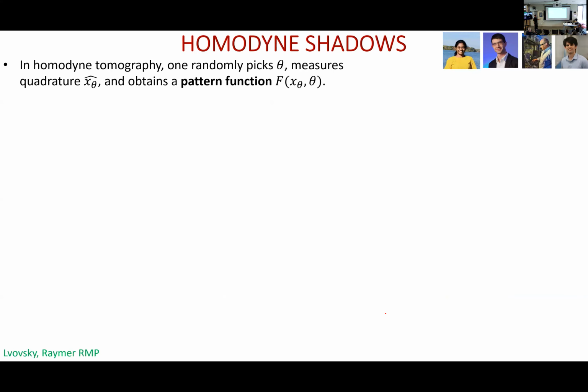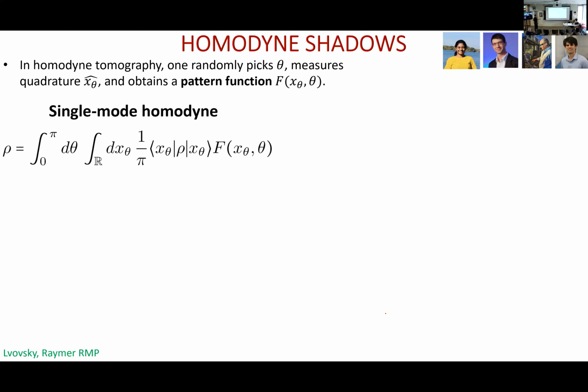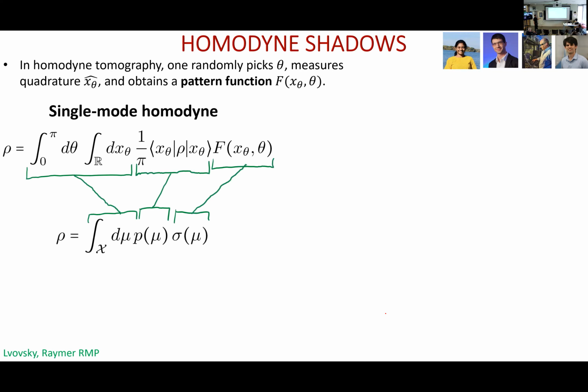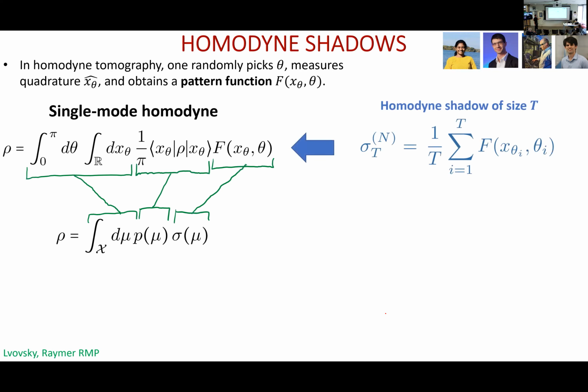What do we get, for example, for homodyne shadows? Sorry, this should just be homodyne tomography, where now you can interpret each of these things as the shadow. This pattern function, this is a crazy thing. Don't worry about it. That's the shadow. And luckily, these are coefficients that are clearly probabilities. Now we can cook up this estimator that we can frame as a homodyne shadow.